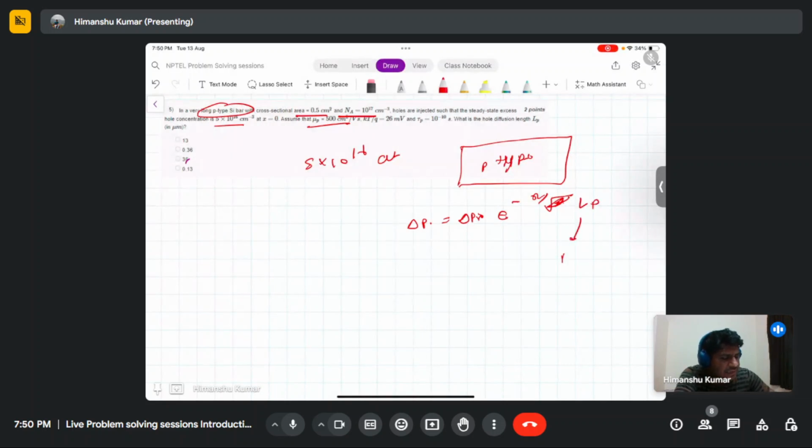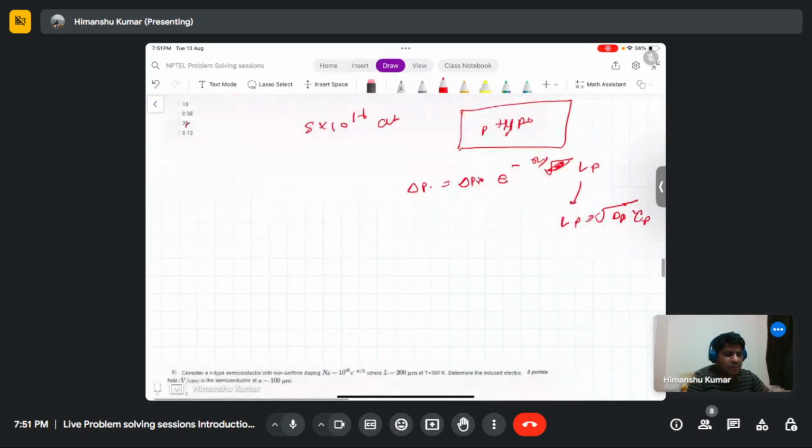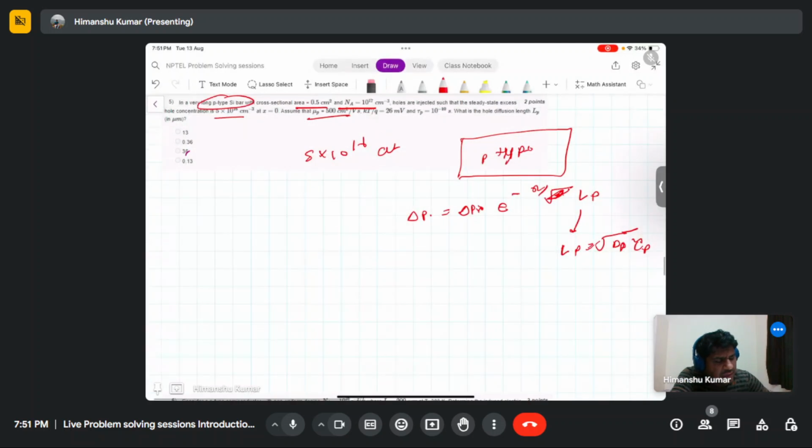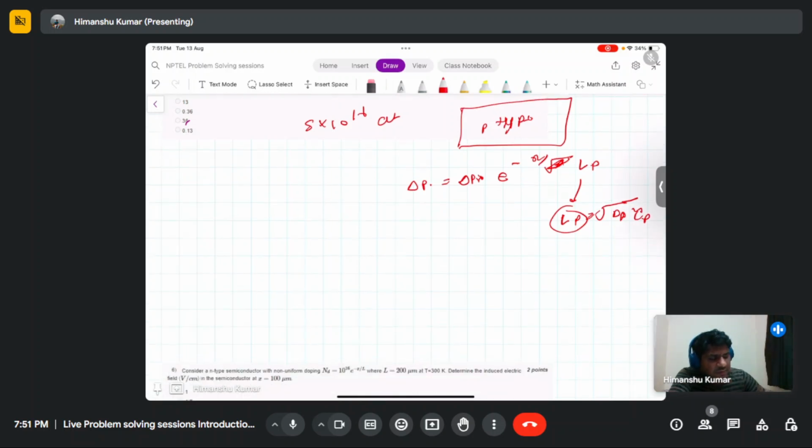Lp is given as the square root of Dp tau p, which is the characteristic length, and you can calculate how many excess carriers are generated. In this question we need to calculate the value of Dp, and then the value of Lp.